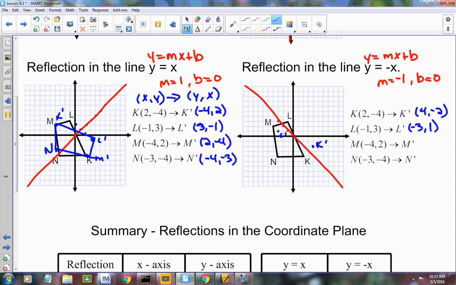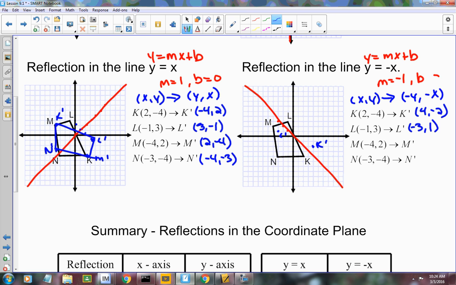What do you think is happening here? The signs and the coordinates switch. So if we take my x, y, they switch places, but they also switch signs. So they flip-flop places and they change signs. So what would M prime be?